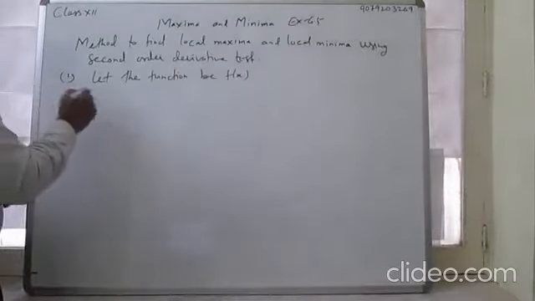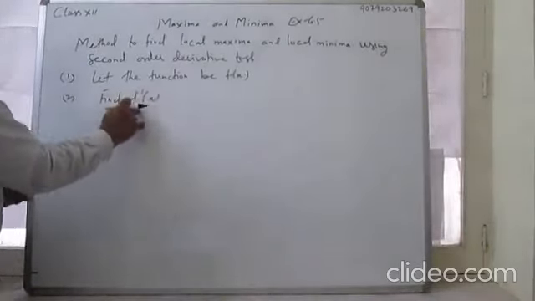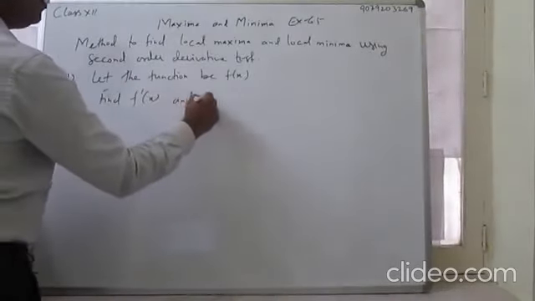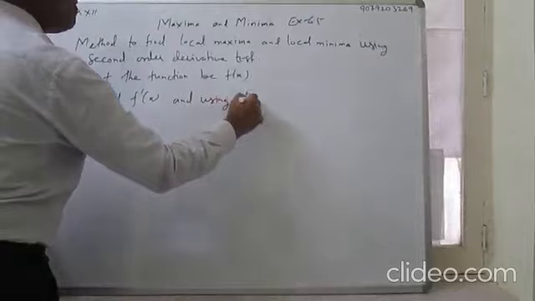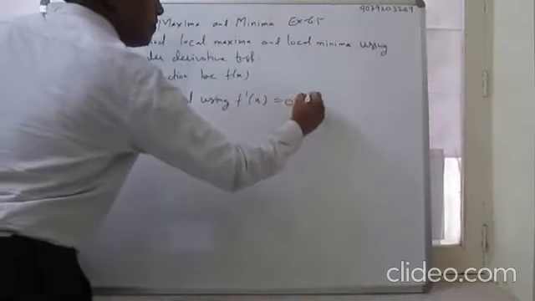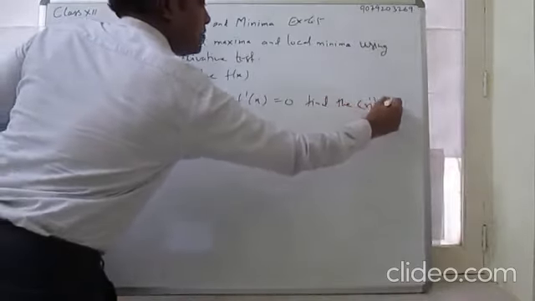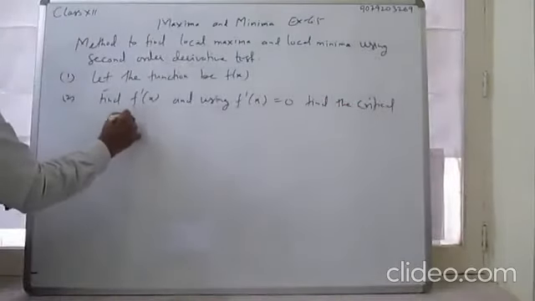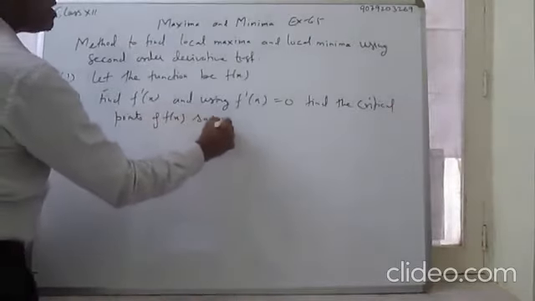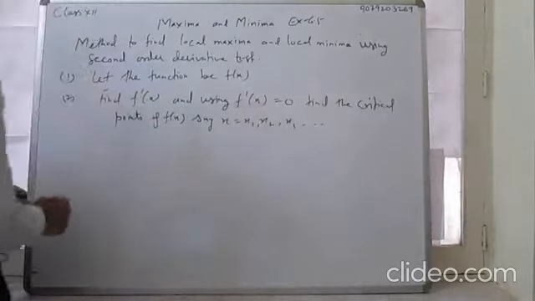Second point, find f dash x. Find the differentiation of f(x), and using f dash x is equal to 0, find the critical points of f(x), say x is equal to x1, x2, x3.